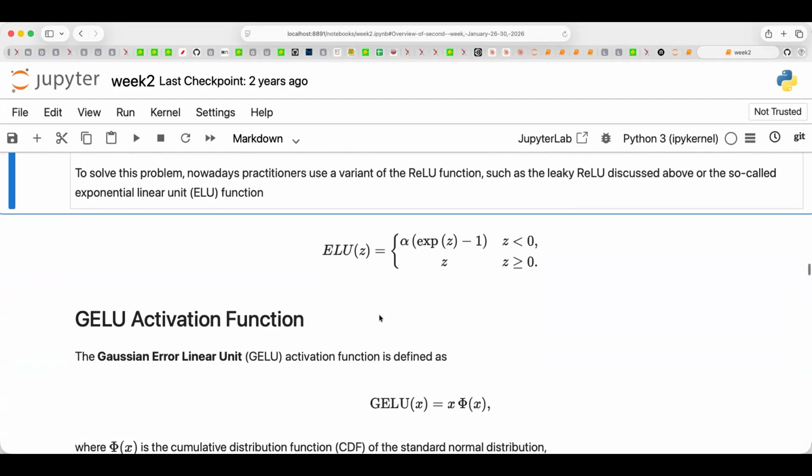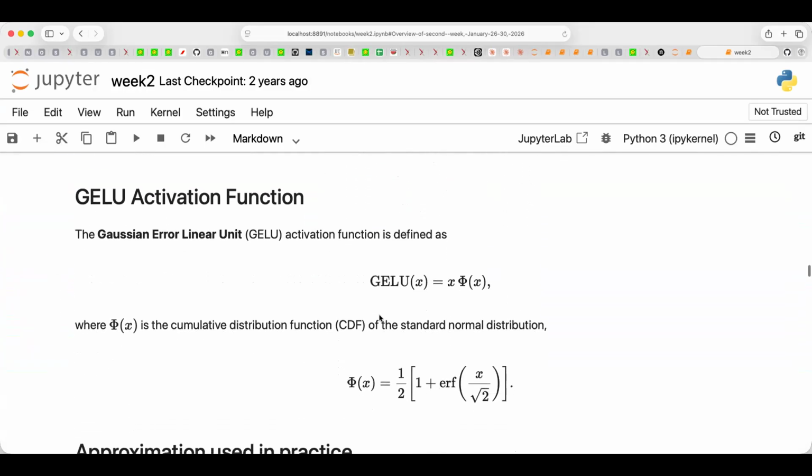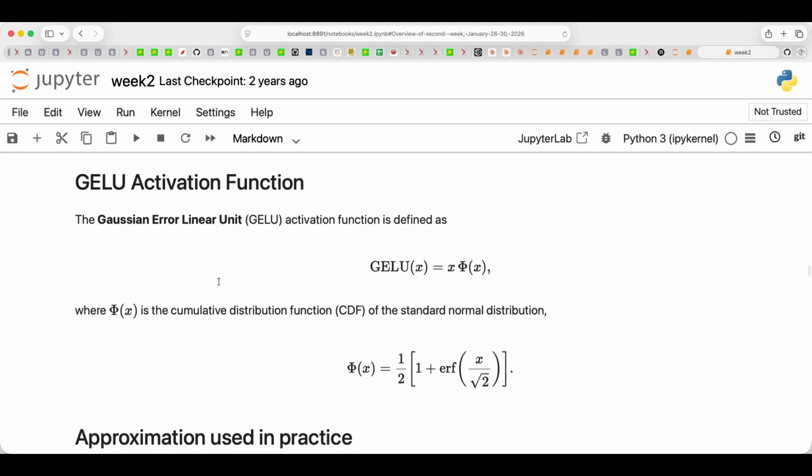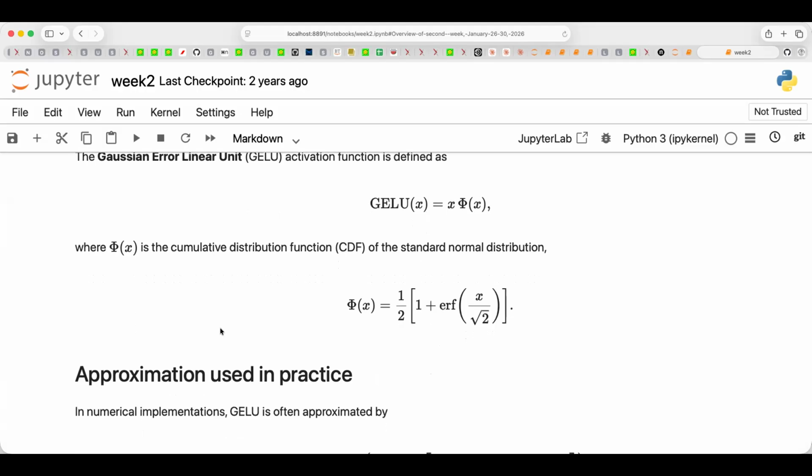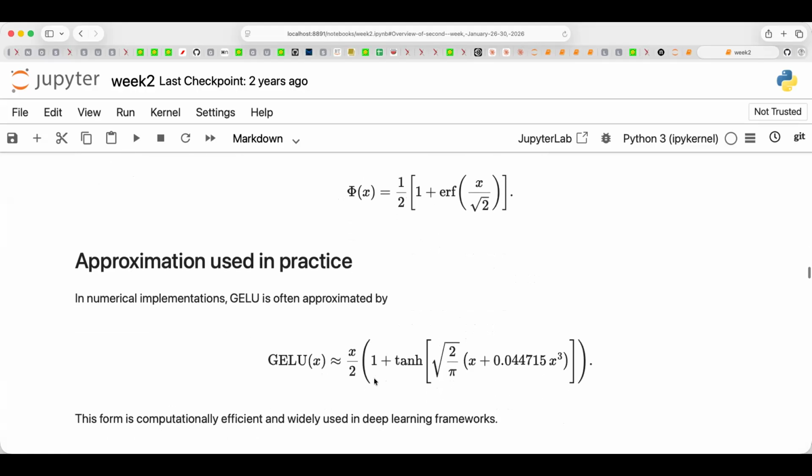But I have to confess that when I've been solving quantum mechanical problems with neural networks, it's actually the GELU function which tends to give the best result. There's a whole family of functions which are based on the Gaussian distribution, and this function is often approximated like this.